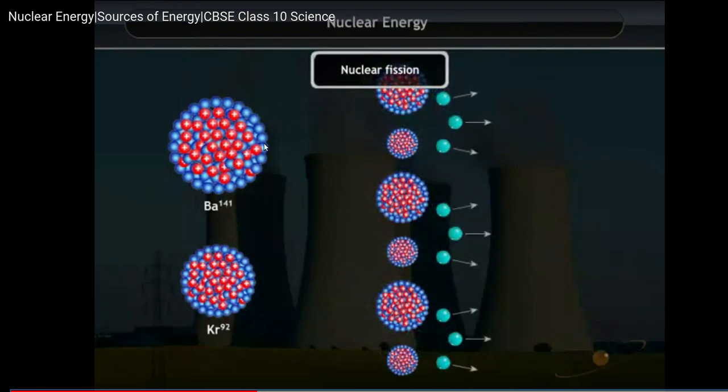This is one of the main drawbacks of nuclear fission. An atom bomb is based on this principle. With every split, a lot of energy is released. What happens in an atom bomb is the splitting keeps happening.